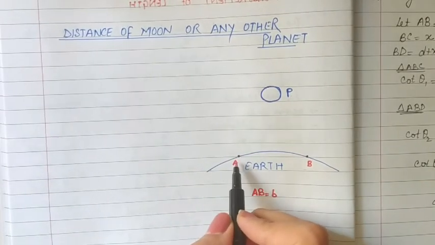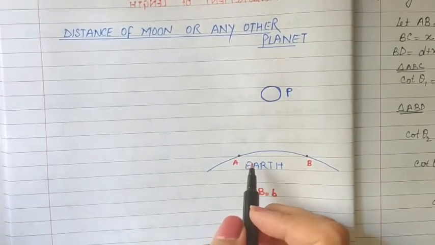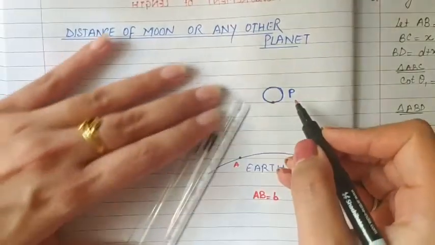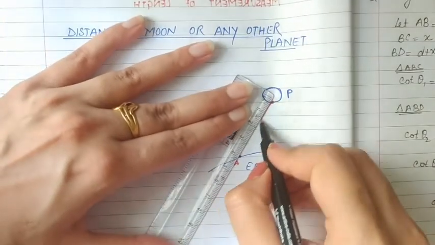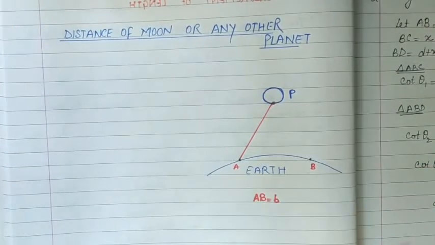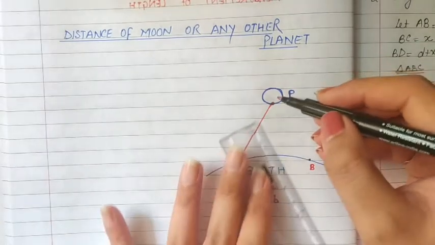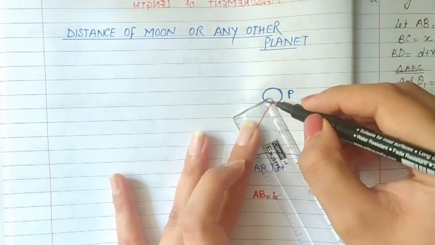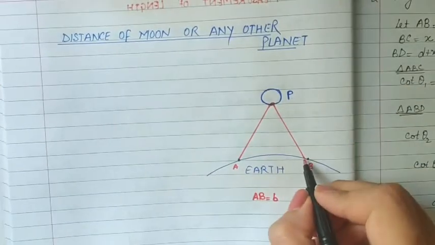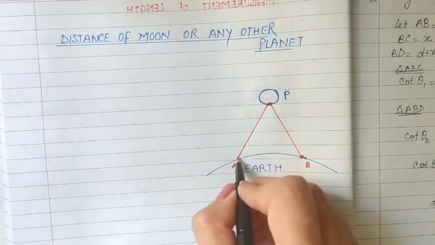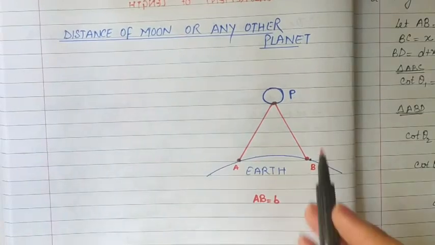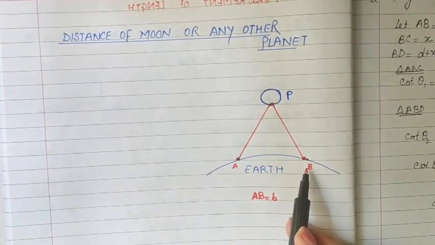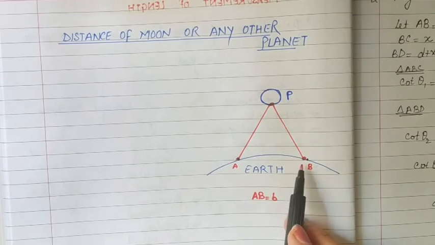That means if there is someone at point A who is observing this planet or moon from point A like this, and there is some other person who is simultaneously observing this planet at point B, then during that process the person at A and the person at B can't observe each other.